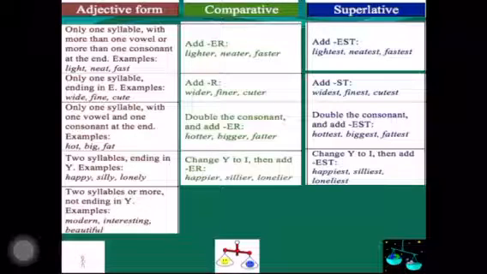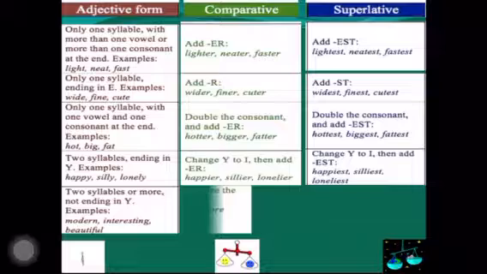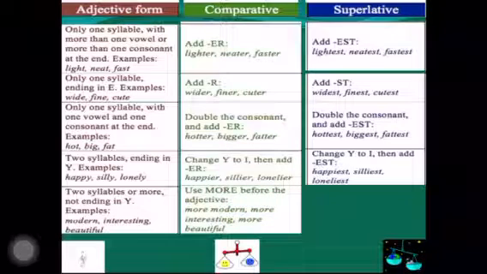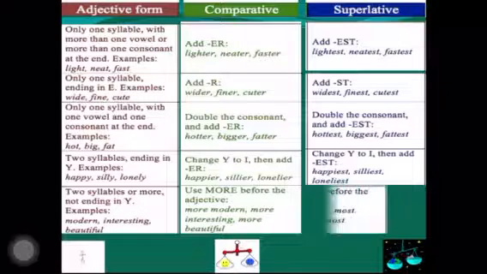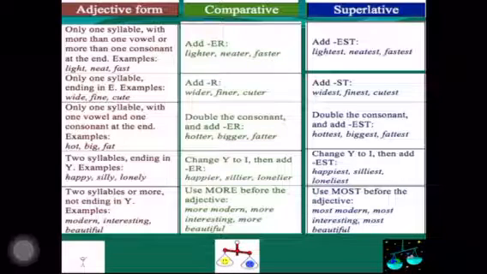Long adjectives means it's more than one syllable. So I cannot say moderner. It can't be pronounced. So we add more before the adjective. So it's more beautiful, more modern, more interesting, more exciting, and so on. And for the superlative, we add most: most modern, most interesting, most beautiful.